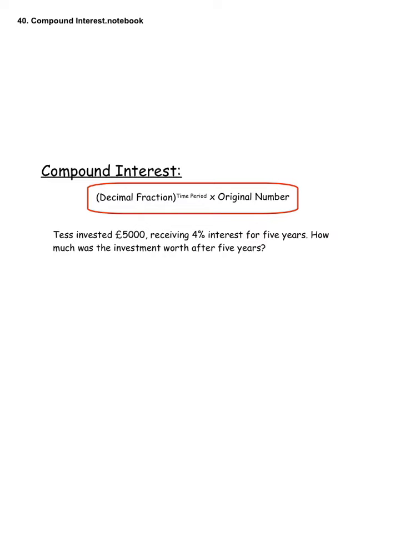Let's look at an exam style question now. We've got Tess invested £5,000. That's our original number, 5,000. She invested £5,000, receiving 4% interest for 5 years. So our time period is 5 years. And our decimal fraction is going to be interest of 4%, so increasing by 4%. 104 divided by 100 is 1.04.